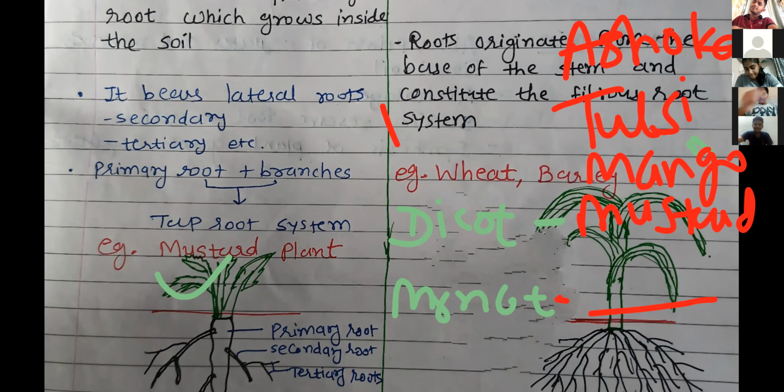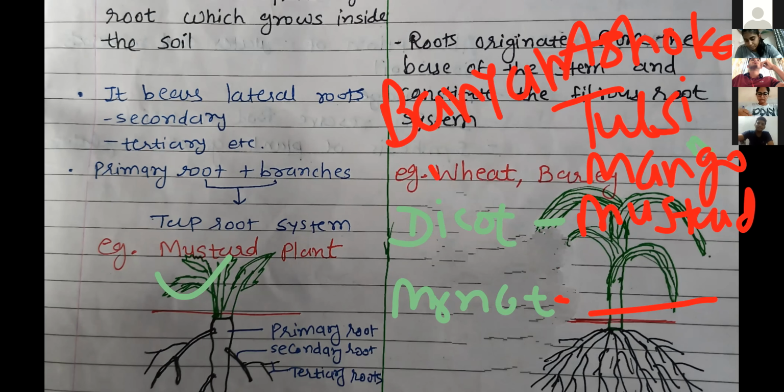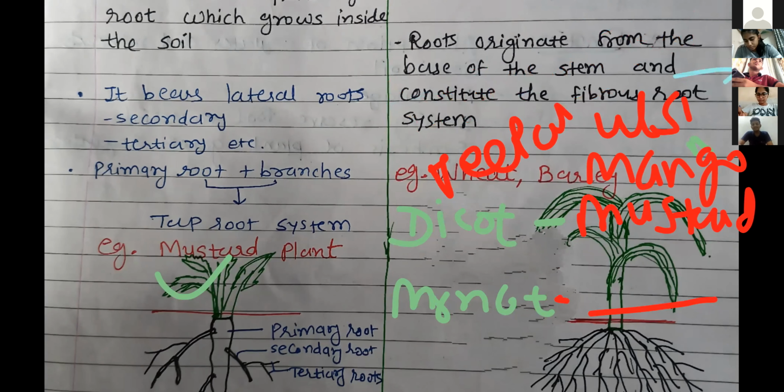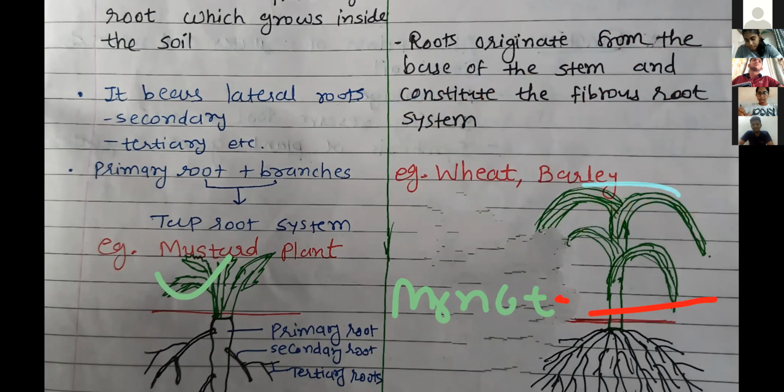Remember, on its leaves too you will see reticulate venation. So these are the examples of dicots. Okay, Aditi, just 6 to 7 examples. There are so many examples you will have to note down.